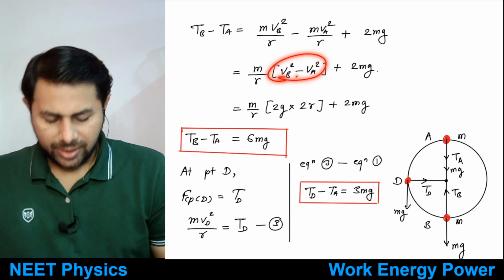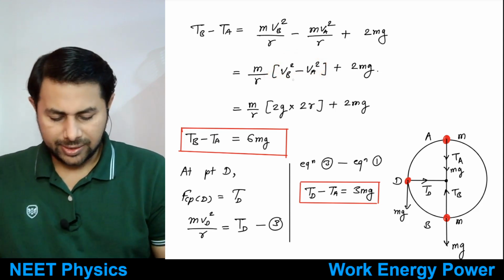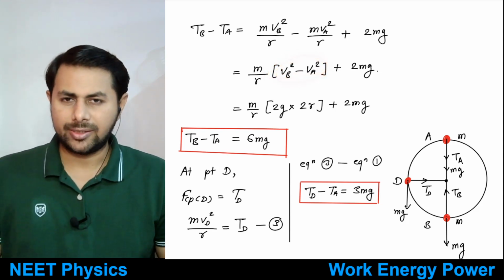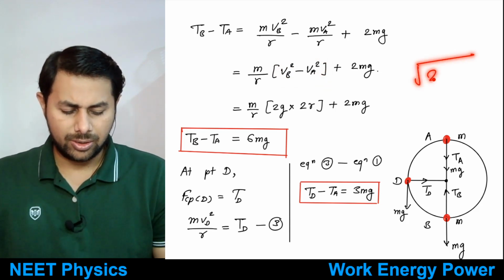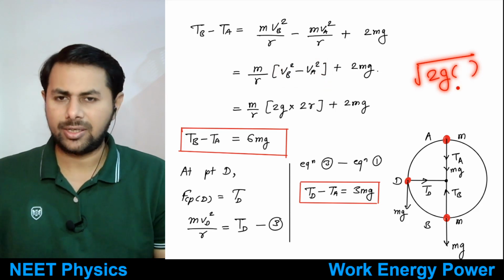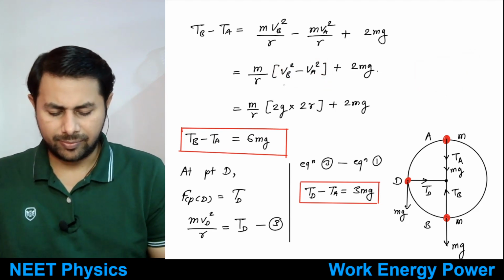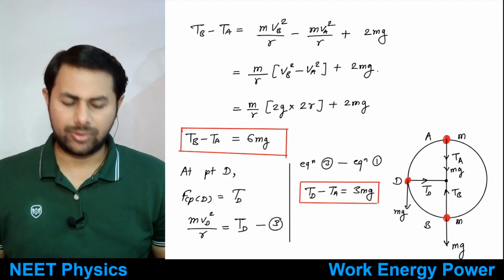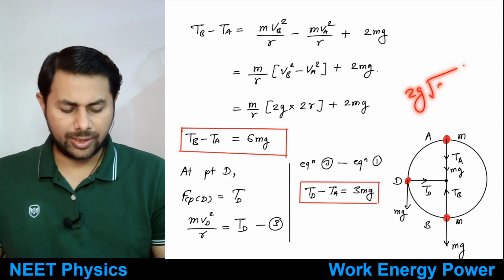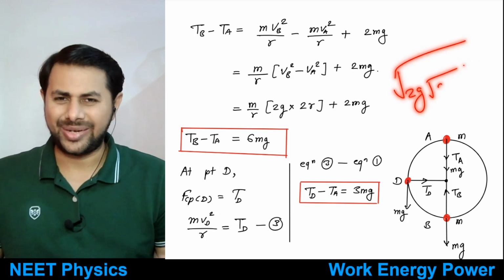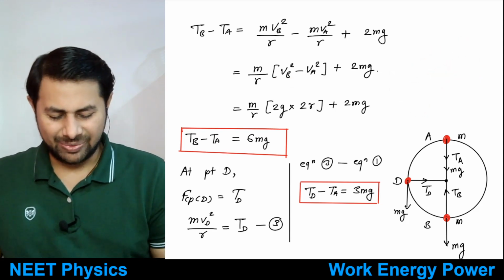So what is this thing? Vb square minus Va square. That is equal to 2 times g into the difference in heights, right? And what is the difference in height?